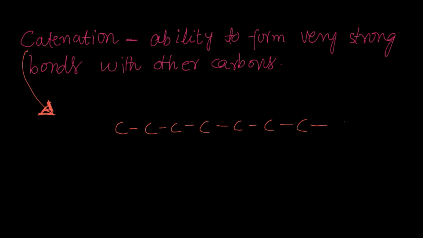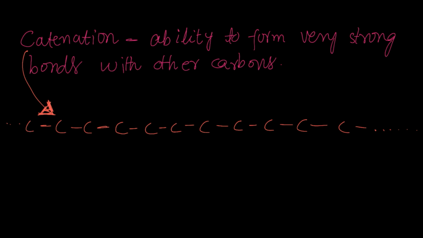Because as we said, it is a very stable element, it's small, and it can form very strong bonds with other carbons. Now the chain can go on and on. Why is this important? This is important because in our body we have biological molecules, right?